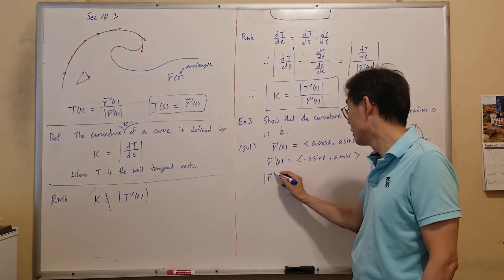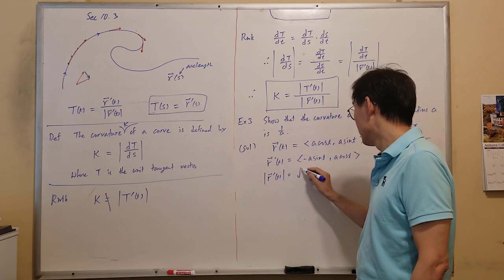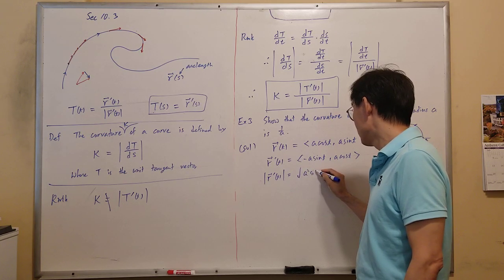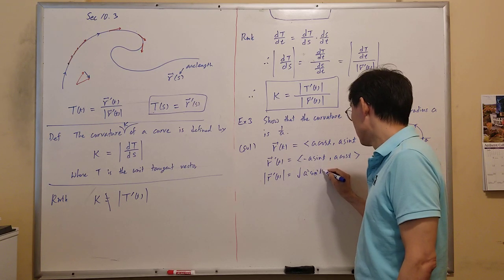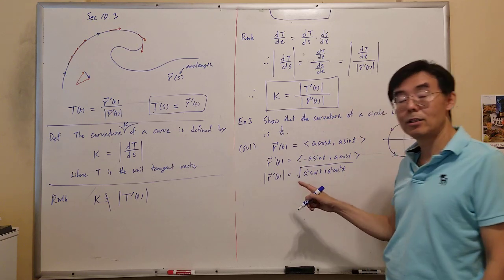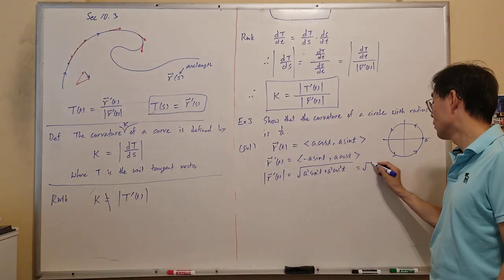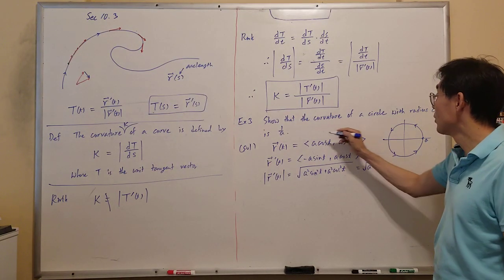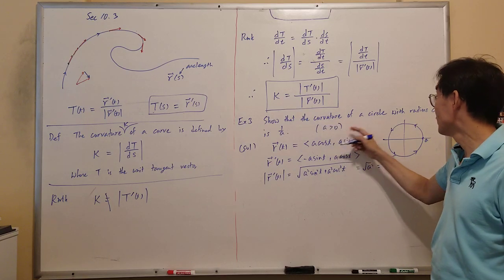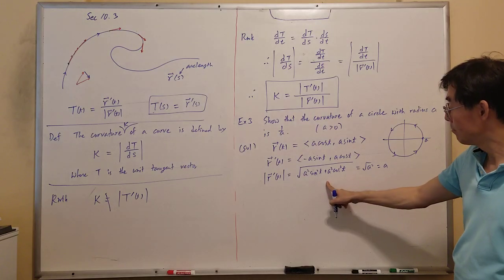The magnitude of this is the square root of a squared sine squared t plus a squared cosine squared t. Factor out a squared, you get sine squared t plus cosine squared t, which is 1, so square root of a squared, so a. We're assuming that a is obviously positive, being a radius. So your speed is a.